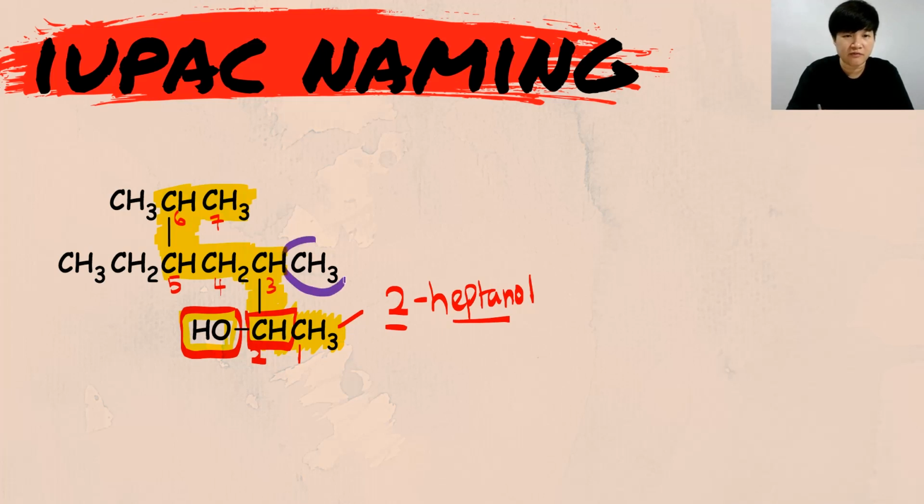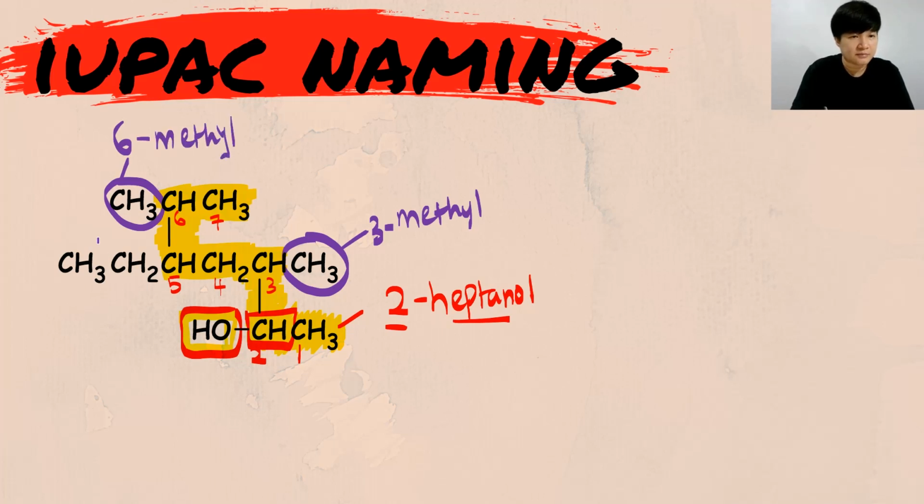The first one that you have over here is your methyl group that is located at carbon number 3. Another one, you have another methyl group that is located at carbon number 6. Last but not least, your other substituent over here is your ethyl group that is located at carbon number 5. And your IUPAC naming will depend on the substituents in alphabetical order.